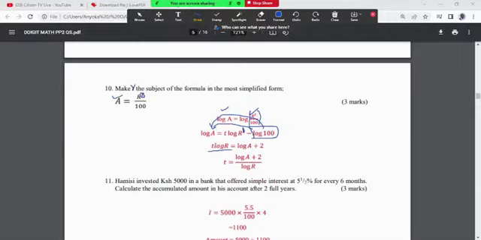To get T, we divide by log R both sides, and then we have made T the subject. So take note that when we are making the subject the letter which is the power, we must introduce logarithm both sides. Sawa sawa?